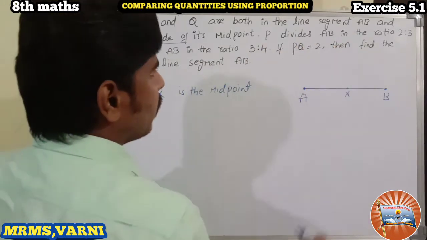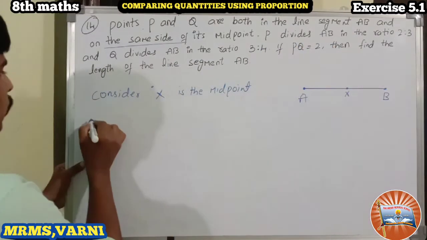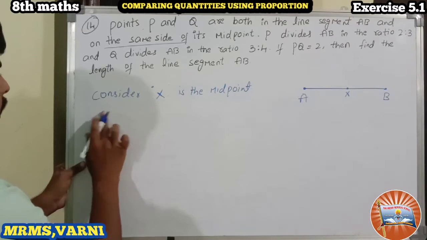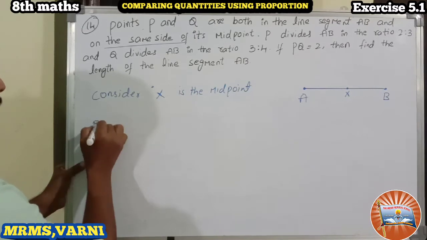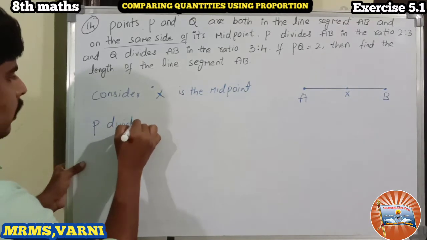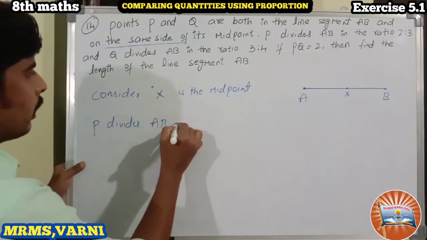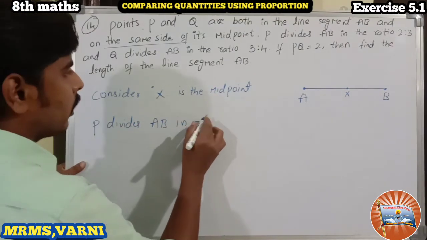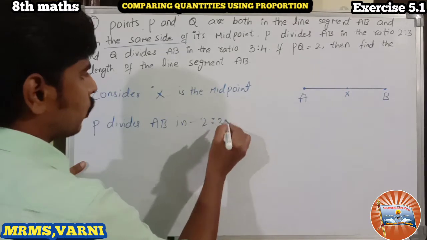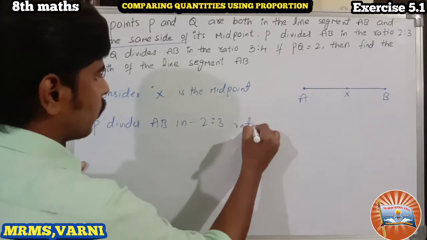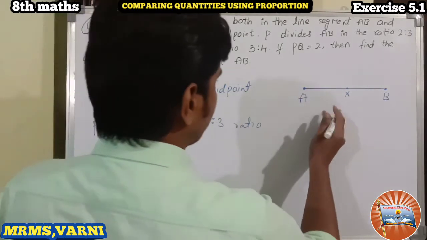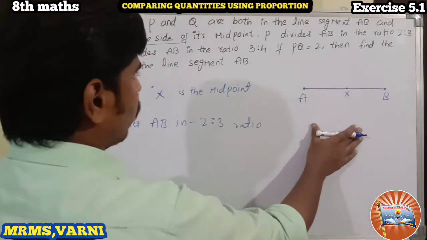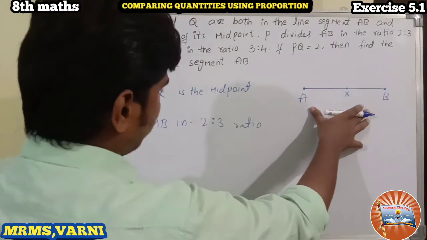P divides AB in the ratio 2:3. So for example, consider total 3, if we divide this into total 3 parts.